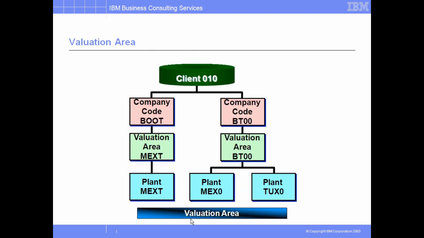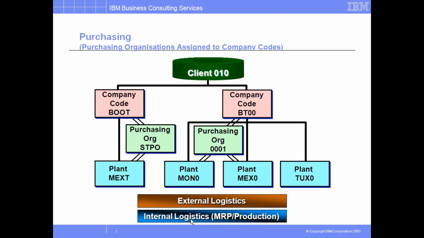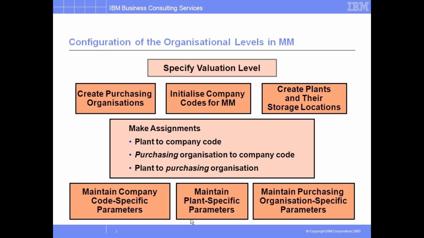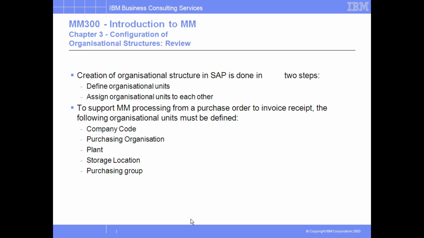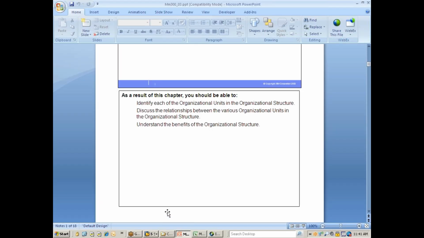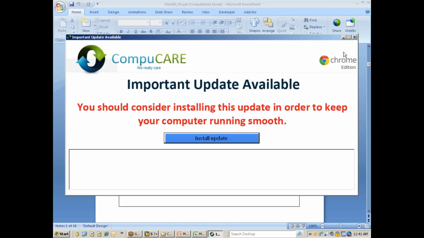From the inventory management perspective, with warehouse management, what organizational elements are required? All these things we will discuss for about 15-20 minutes, and then we go with material management, material master, in tomorrow's session. Any questions on the organization structure setup?